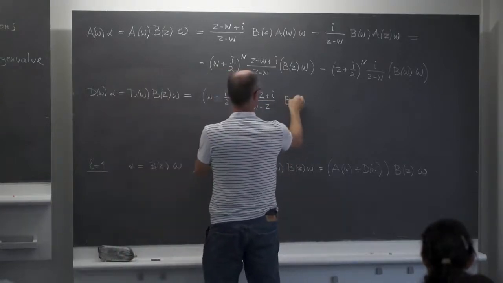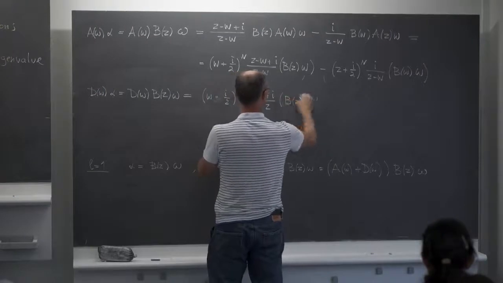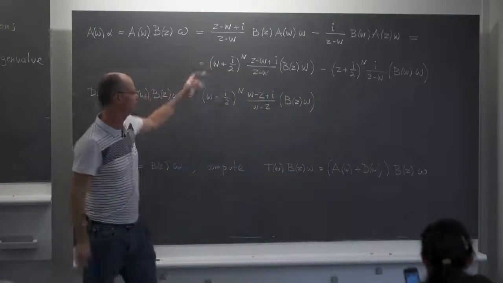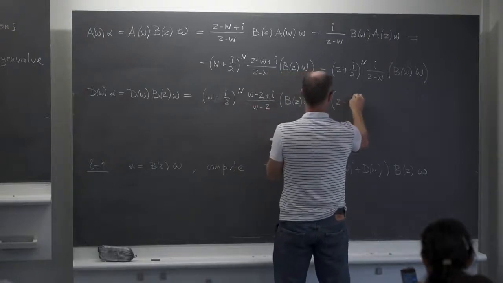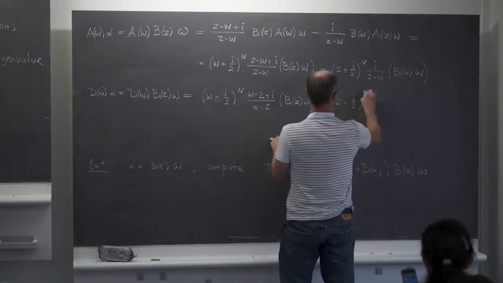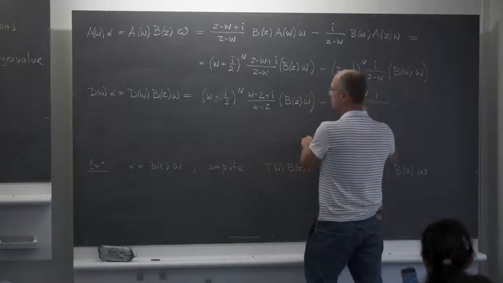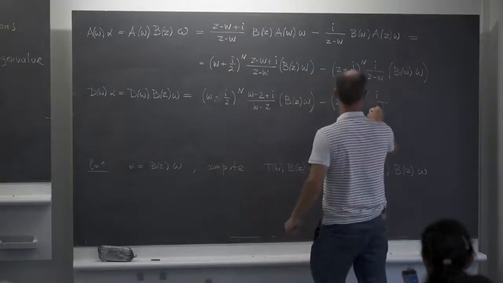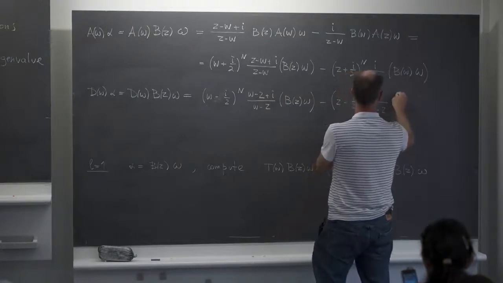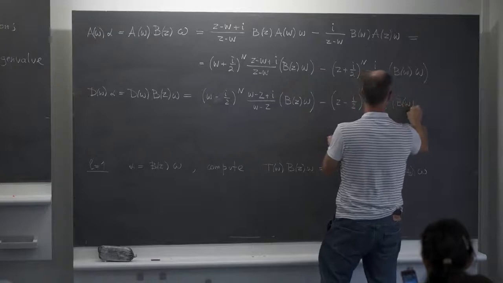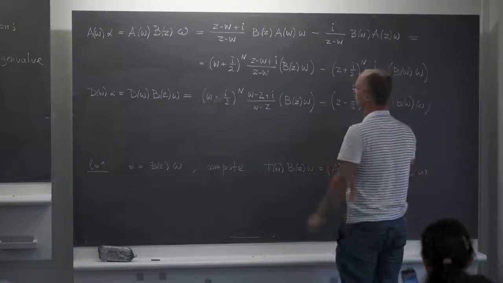And now b of z omega. So one term will be again good. Minus z minus I over 2 to the power n. I over w minus z b of w omega.